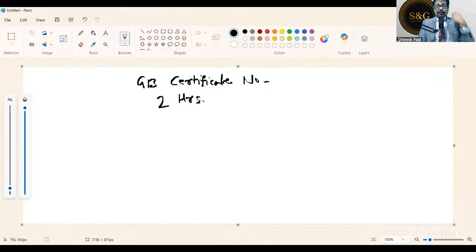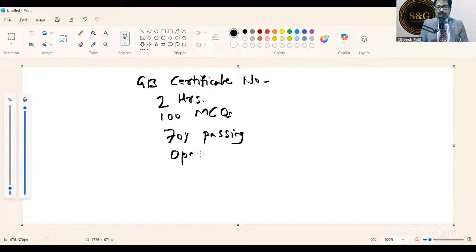Again, 100 MCQs, 70% passing marks, and an open book test. All other factors remain absolutely common, but you require a green belt certificate number to enter the examination. It's a requirement, otherwise you will not be able to submit this examination.